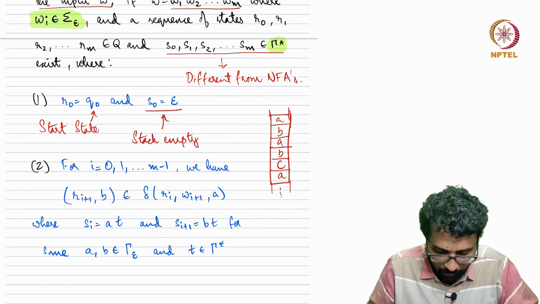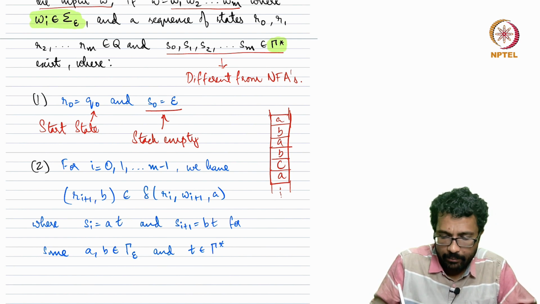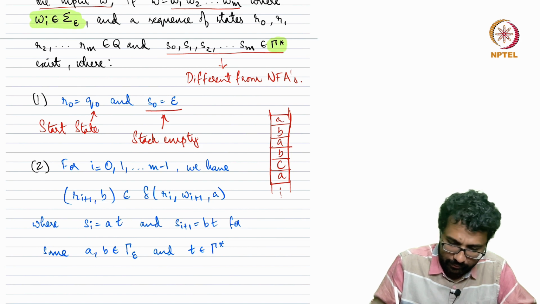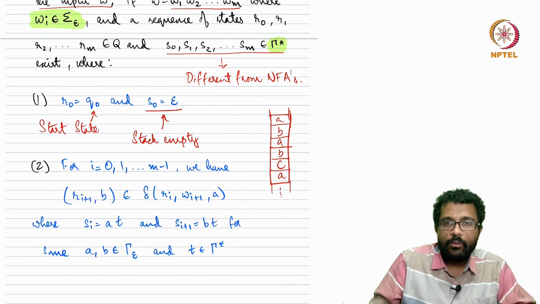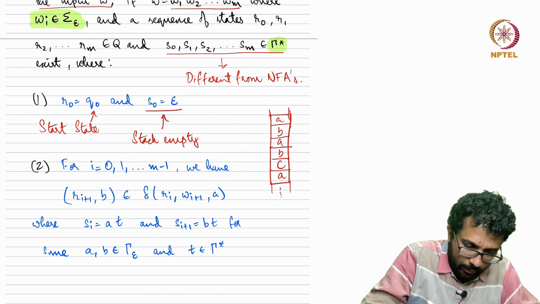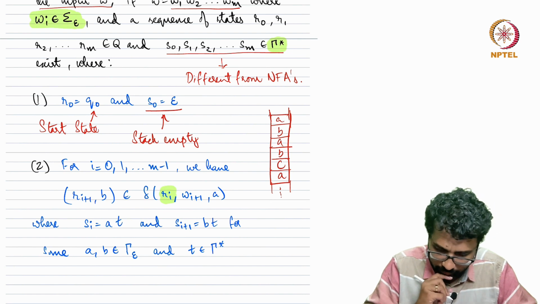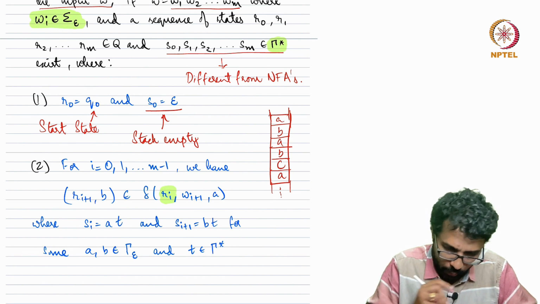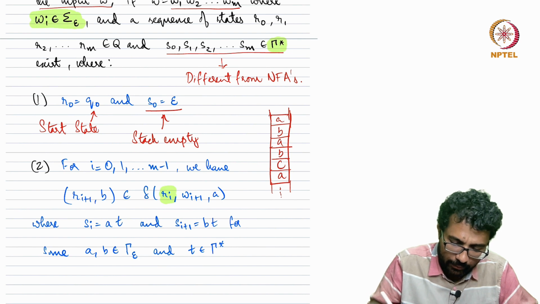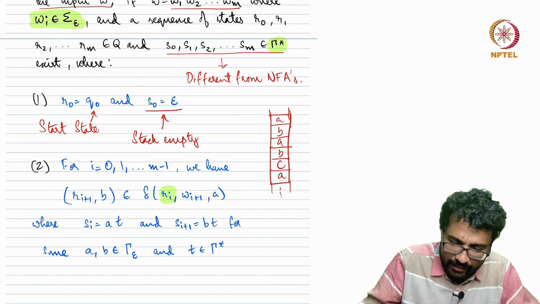So let's say the state before the ith step was Ri, and suppose T is the string of the stack.